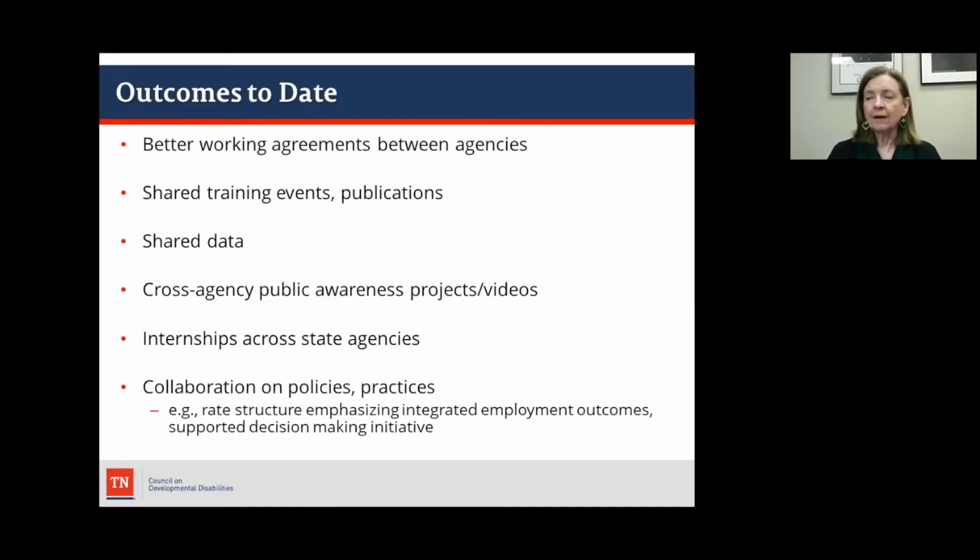How do we construct things so that we don't automatically go toward guardianship and conservatorship and have a person at such a young age lose all of their rights? So that has been one policy and practice that we're working hard on as a group.